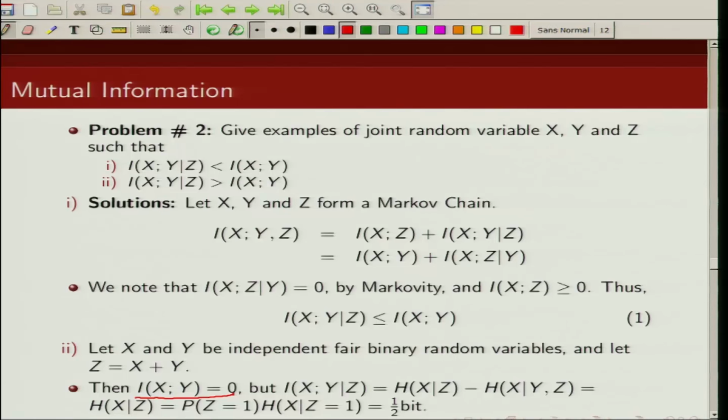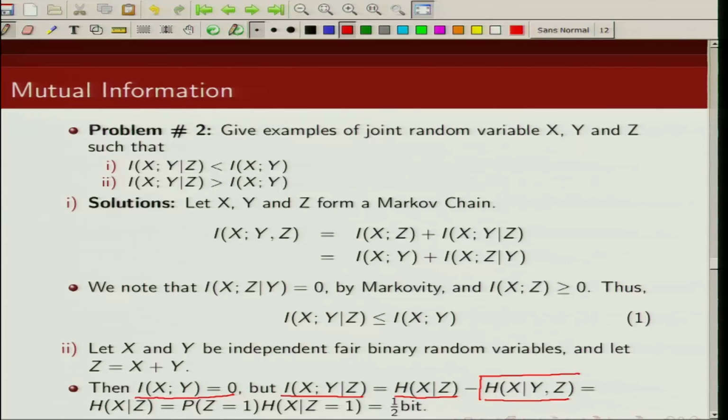Now, what is the mutual information between x and y given z? Following the definition of mutual information, we can write the expression for the mutual information between x and y given z as the uncertainty in x given z minus the uncertainty in x given y and z. Now, let us first look at each of these terms.